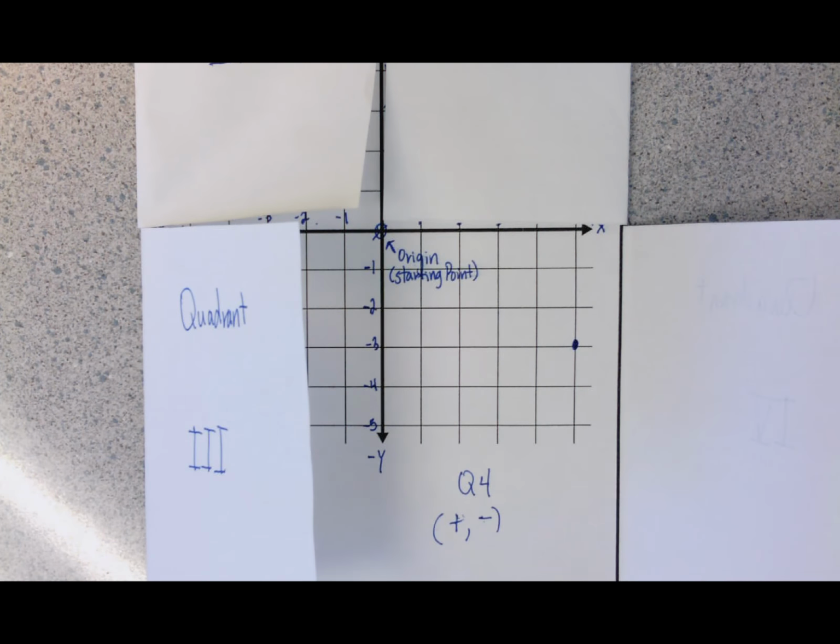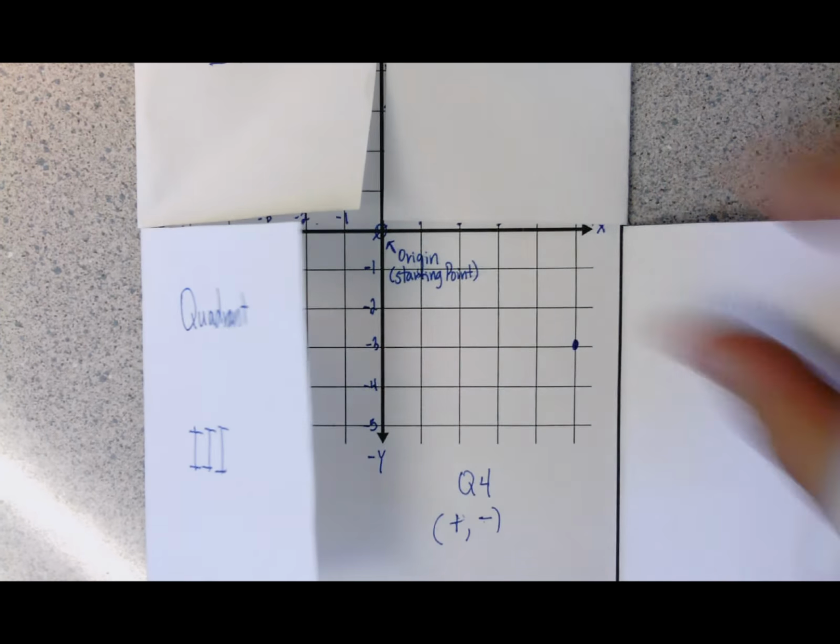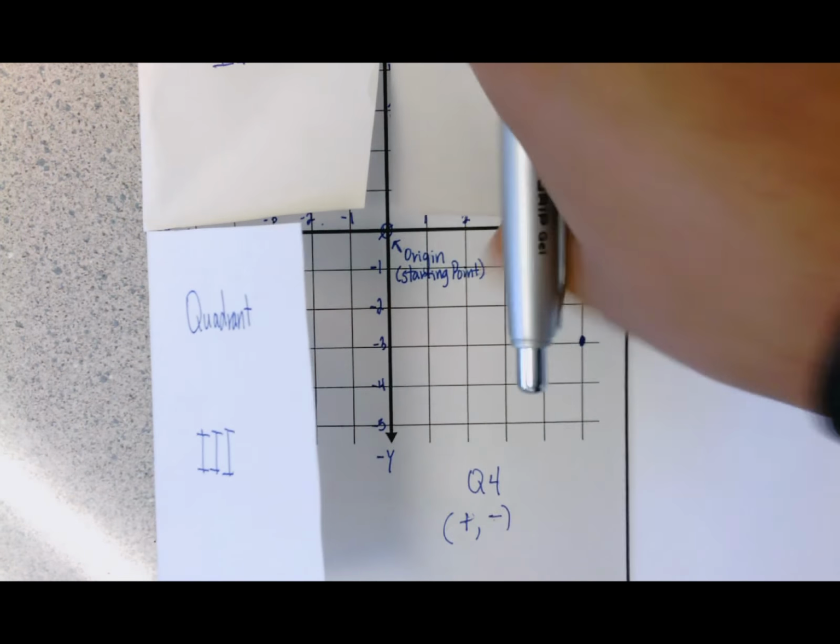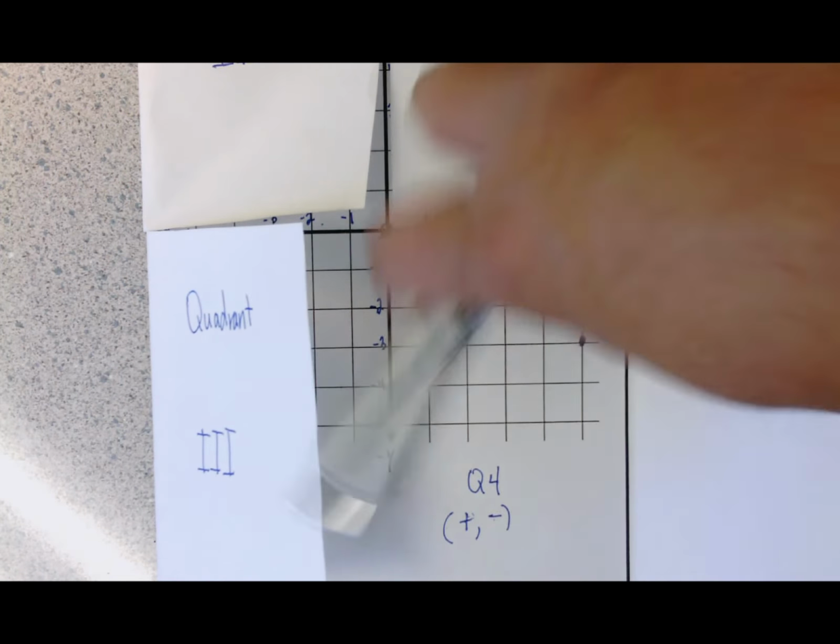Remember, read the x-axis first, and then the y-axis. -3? Is this an x negative right here? Look at the x. 5.